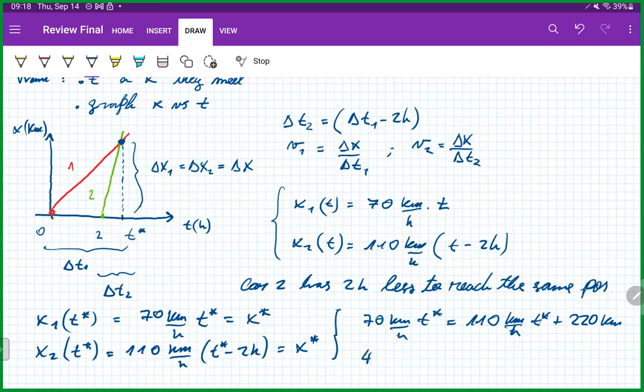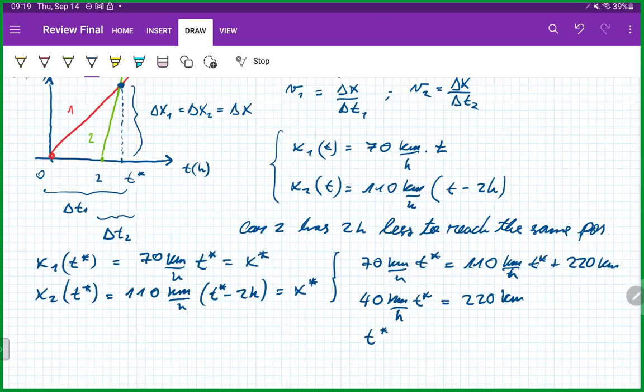And so you get 40 kilometers per hour times t star equals 220 kilometers. That gives t star equals 220 kilometers divided by 40 kilometers per hour, which gives you 5.5 hours.